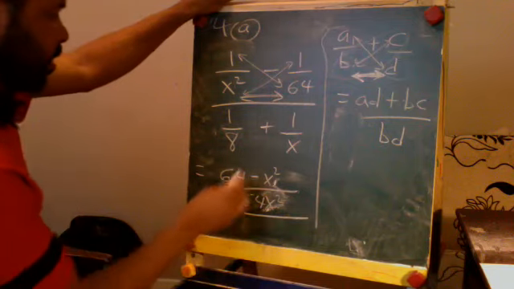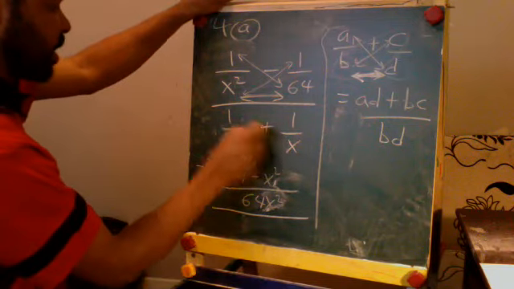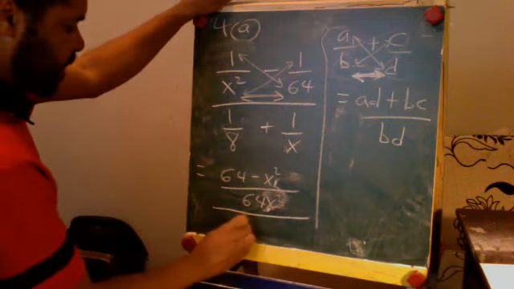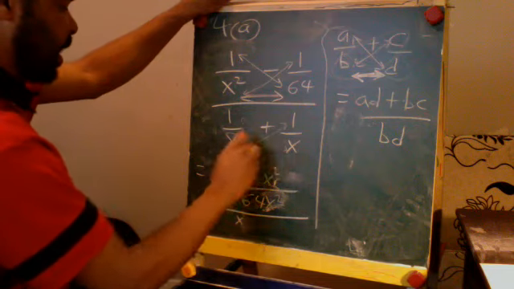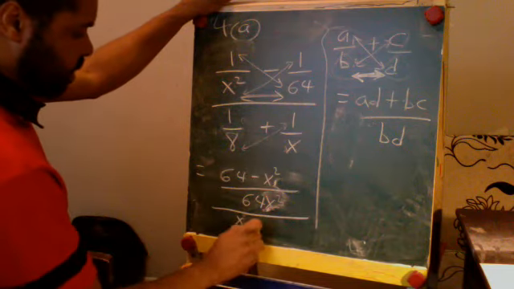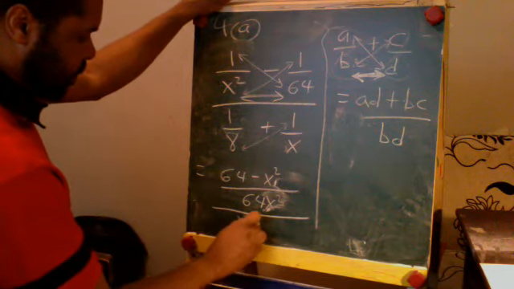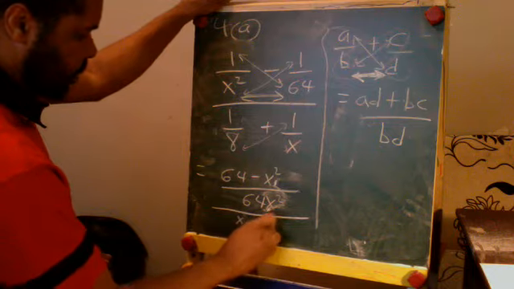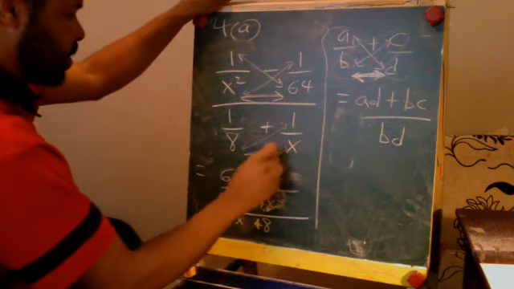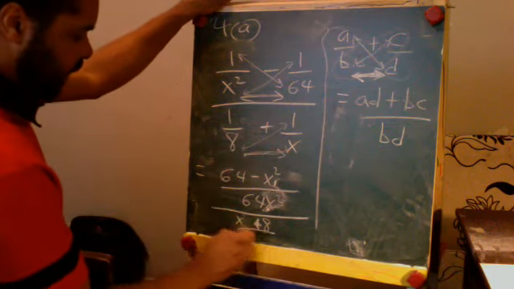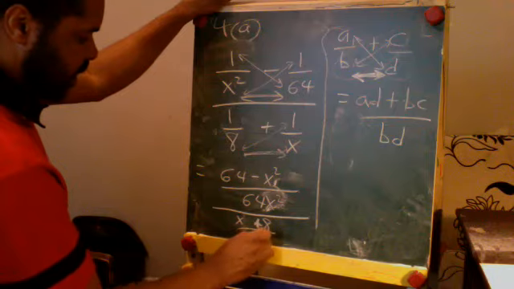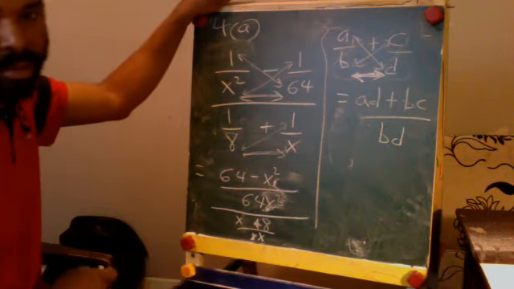On the denominator, I'm going to have 1 times x, which is just x. 1 times 8 is just going to be 8. And 8 times x is going to be 8x. Hope you could read this. I'll write it over. It's an 8x in the bottom, right?